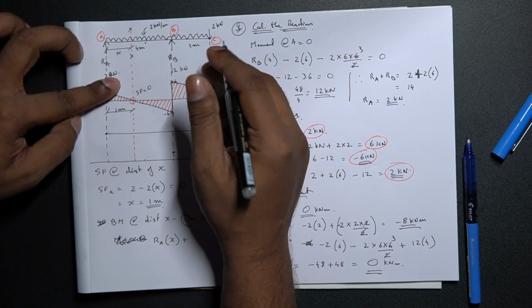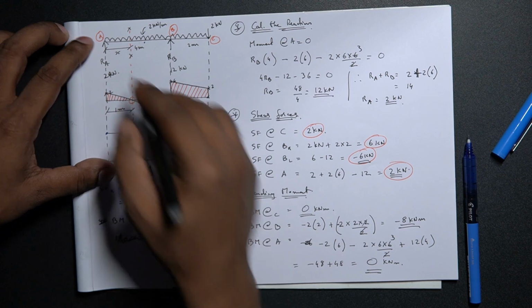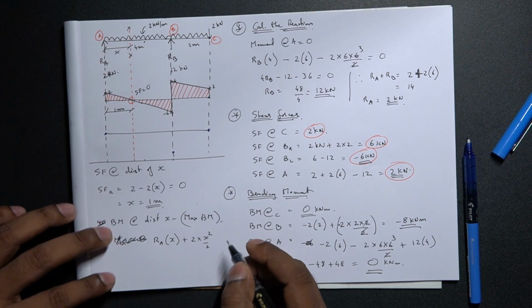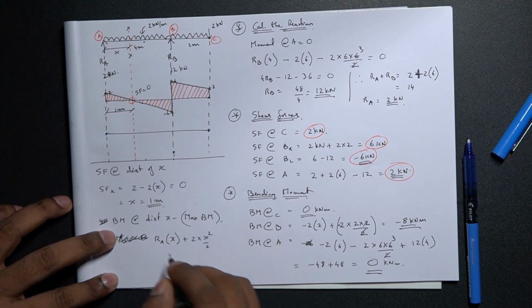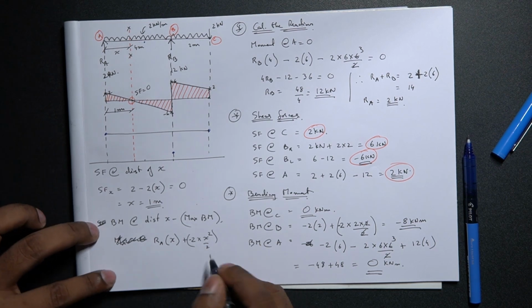plus we have a UDL, that is 2 into, it's spanning on x, so x squared by 2 will be the total bending moment over here. So this is a minus 2 since it's acting vertically downwards.